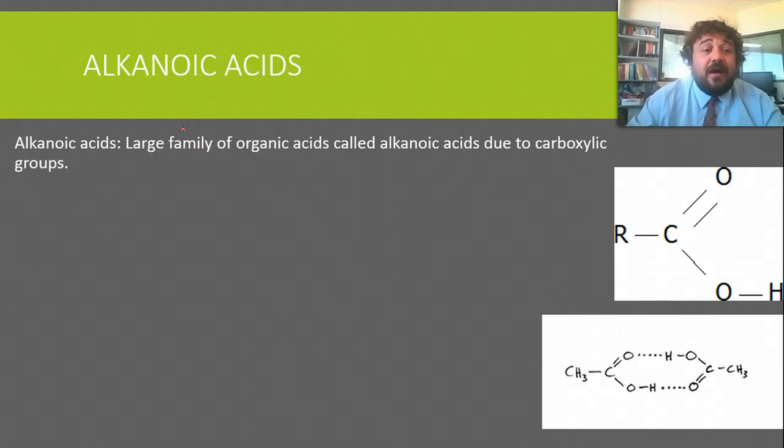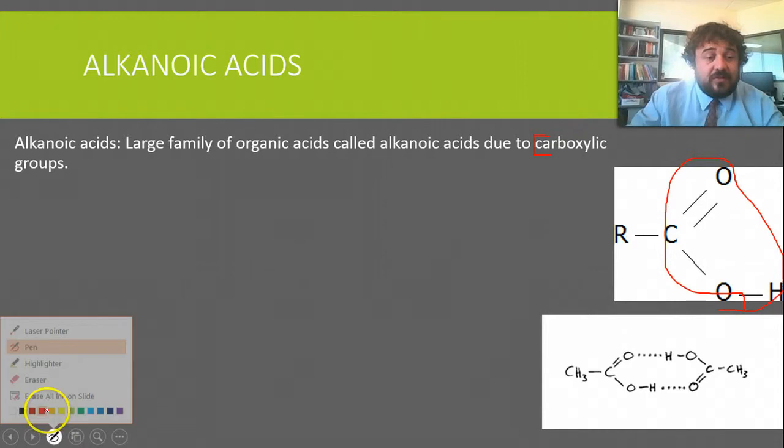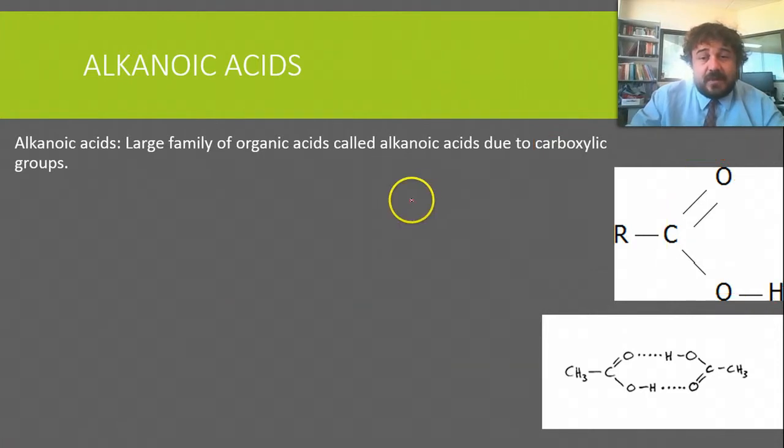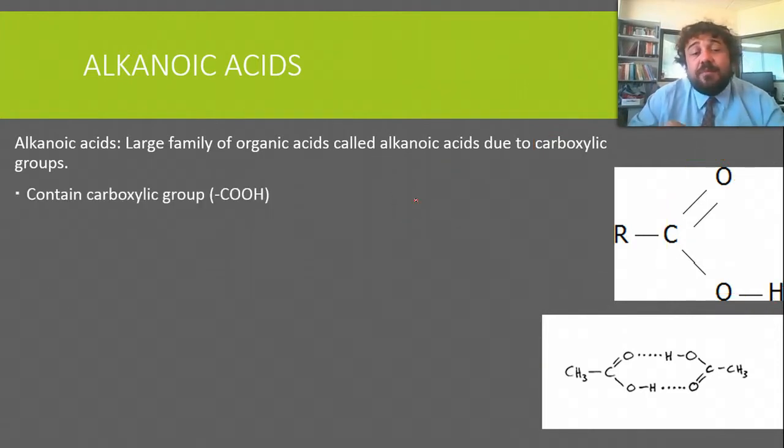Alkanoic acids are a very large family of organic acids. Mostly we've dealt with inorganic acids, but now we're going to start looking at these. This is a carboxylic acid, and the carboxylic acid group is this section here of the molecule.